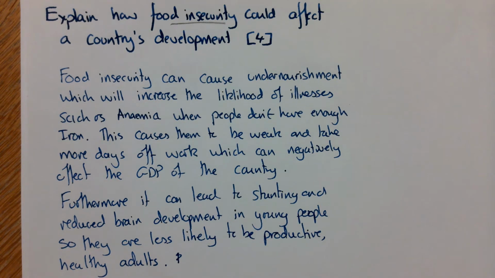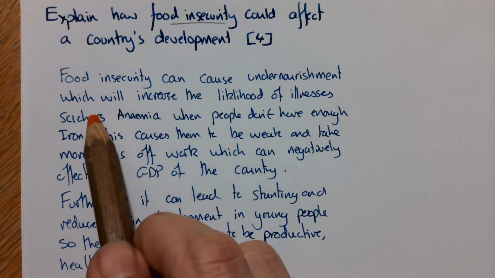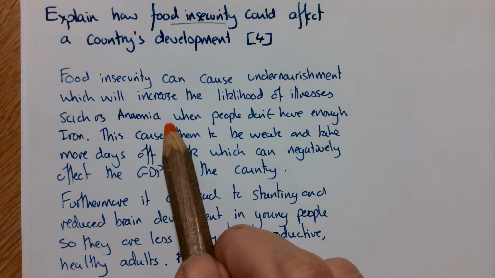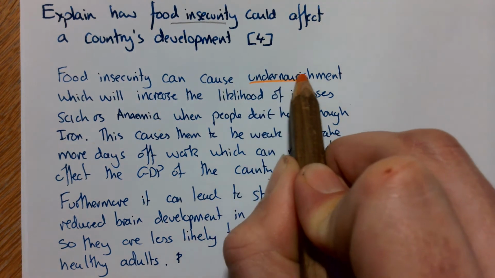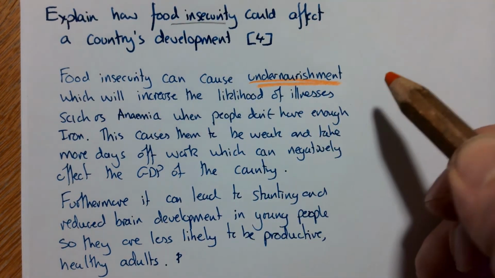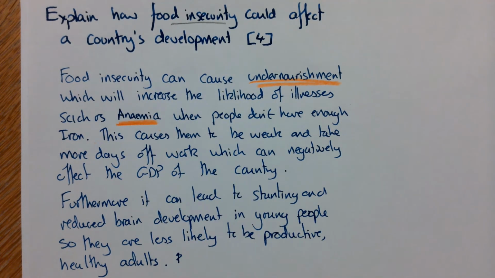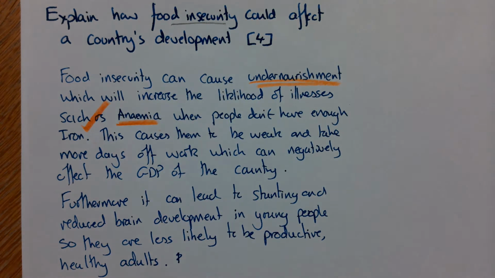Remember, we want to make a point and explain it. So food insecurity can cause undernourishment, which will increase the likelihood of illnesses such as anemia when people don't have enough iron. That's one long point, but loving the fact that I've used a technical word like undernourishment, and I've mentioned one of the illnesses that it can cause. So here's my point, a nice strong point.